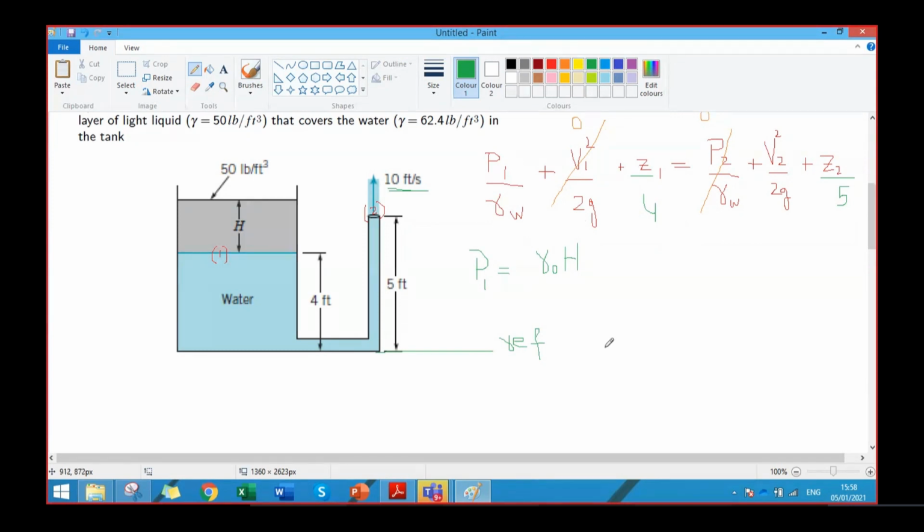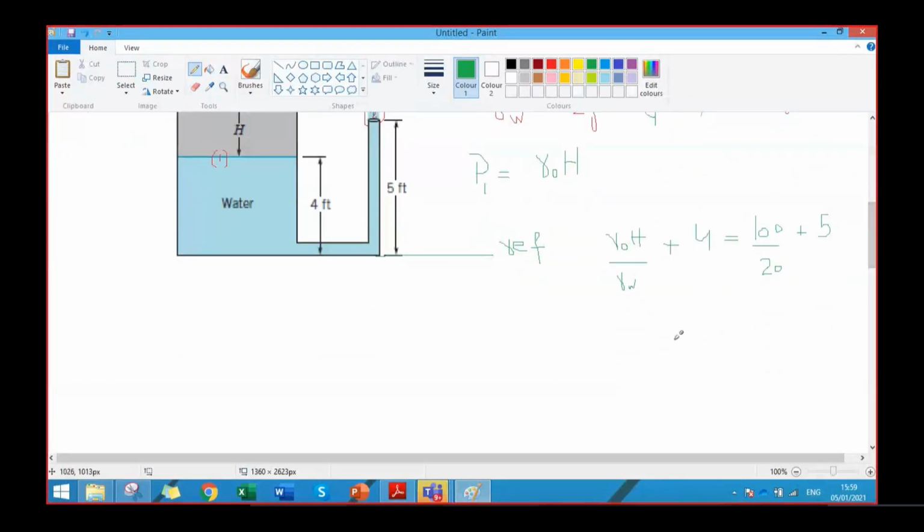P1 is gamma of oil into H divided by gamma of water, plus 4, equal to 10 square, which is 100, divided by 2g, which is 20, if we take the value of gravity as 10, plus 5. We know gamma of the oil, we know gamma of the water. The only unknown is H, so we can rearrange the equation to calculate H.